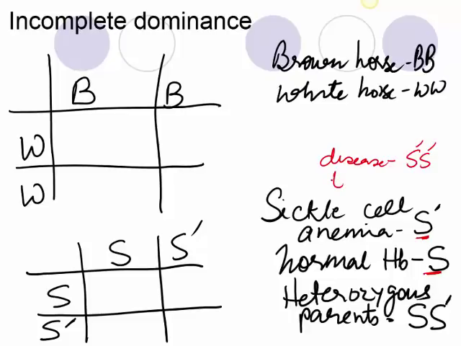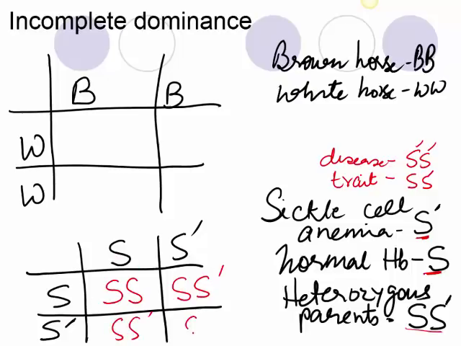In order to have a milder form of the disease, which is called the trait, you have only one of the S's. Okay? And here I'm giving you this example that both parents have the trait, right? Can you see this? Both parents have the trait. So this is how it will break up. So if this meets with this, and this meets with this, and this meets with this.